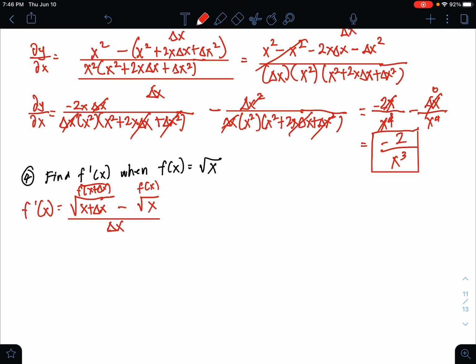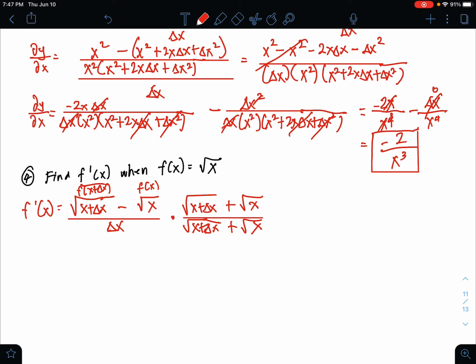Hala, sir, unsa naman yung square root? Di naman makabalo eh. So, kabalo na. Di ba naman tayo algebra? Nakatuon man tayo algebra dati sa math plus. So, kani, may tabuan na, conjugate na to. So, square root of x plus delta x plus the square root of x all over square root of x plus delta x plus square root of x.